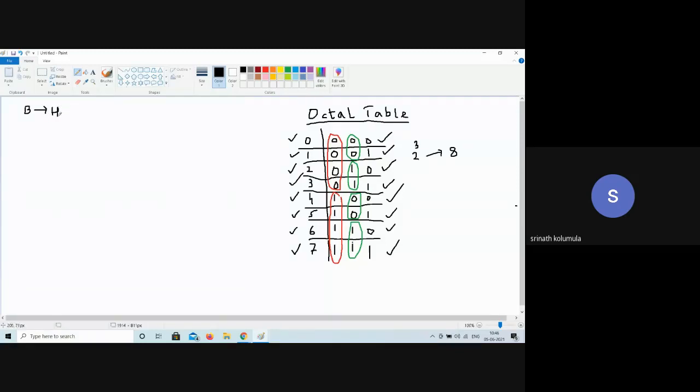Now I have to construct the hexadecimal table. You should help me in constructing this hexadecimal table.